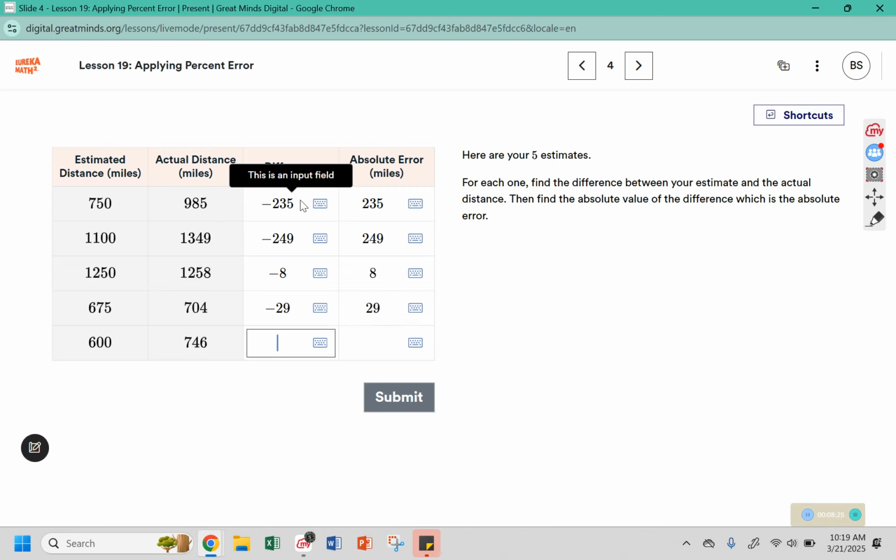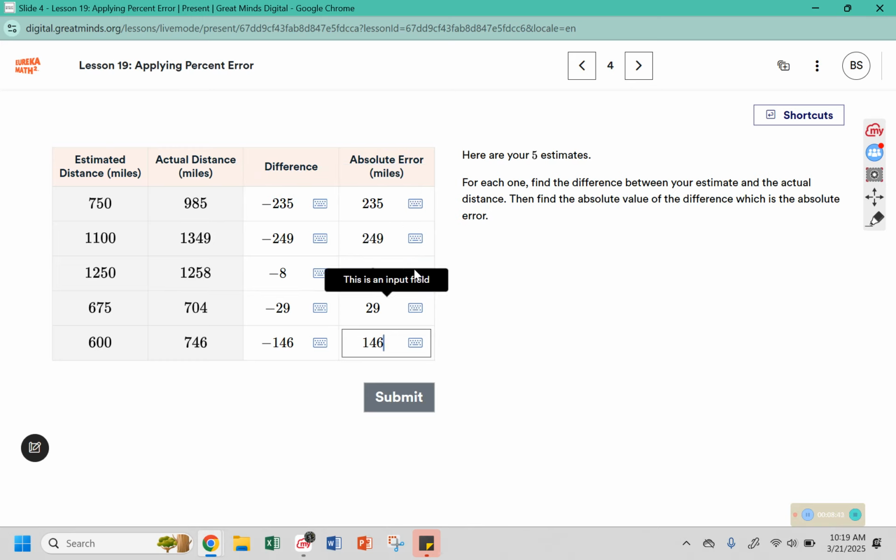And 600 minus 746 is negative 146 with an absolute value of 146. If you ever overestimated, your differences should come out positive, and your absolute error is also going to be positive because it's a distance which is measured with positive numbers.